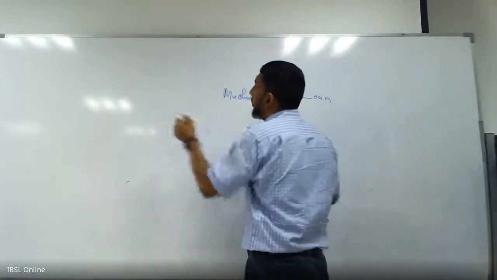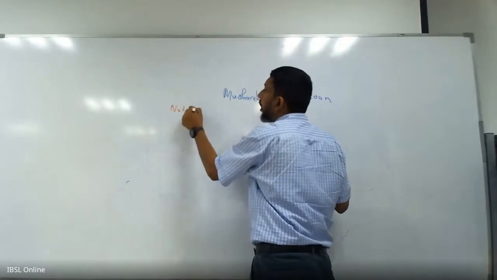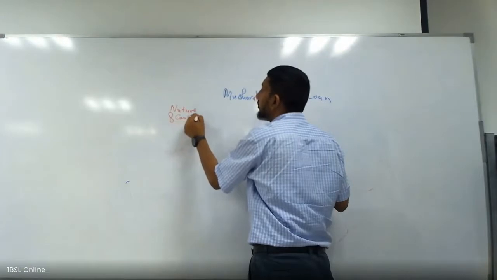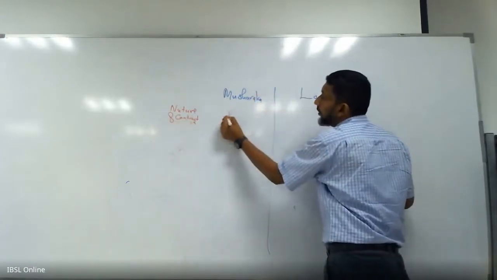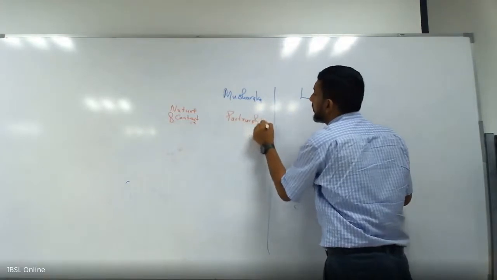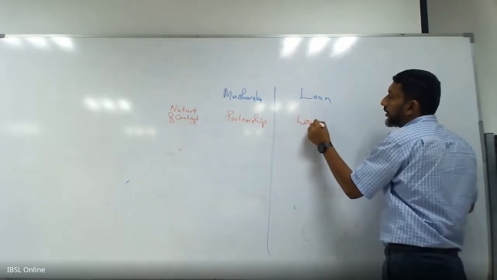In terms of nature of contract, Musharaka is a partnership contract. Loan is just a standard loan contract.